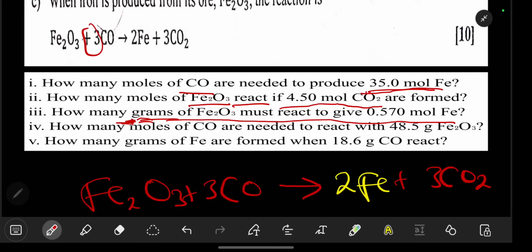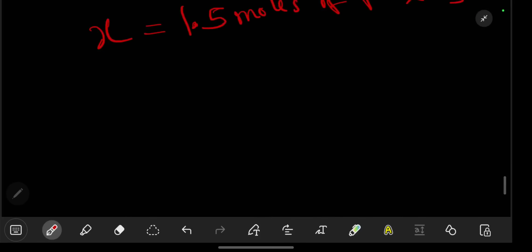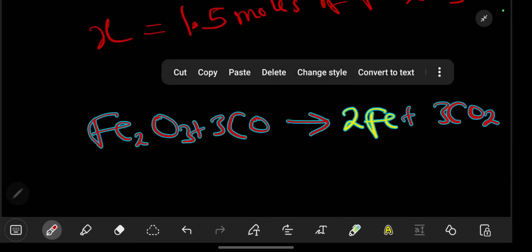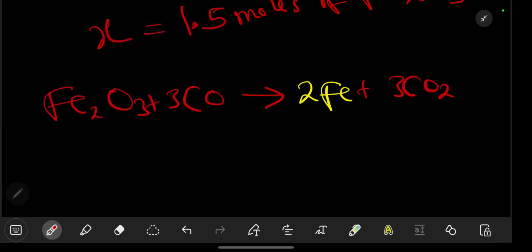So we go and write our equation. This is our equation. How many grams of this are needed to react with the carbon monoxide?